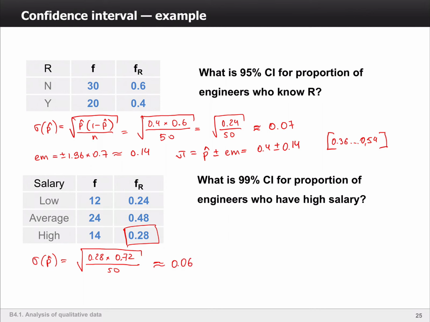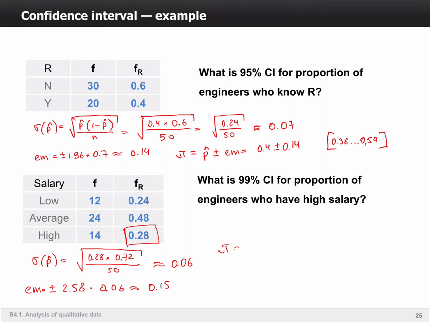Then again we calculate the error margin to get exactly 99%. We can use ICDF for that. It's 2.58 standard errors. So it will be equal to 2.58 times 0.06, which is again approximately 0.15. So we can calculate the proportion.